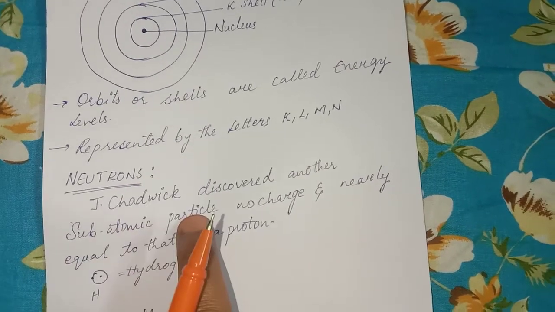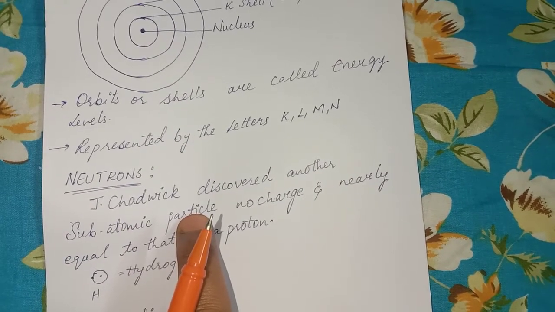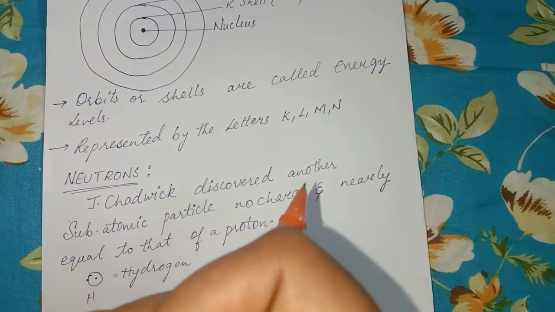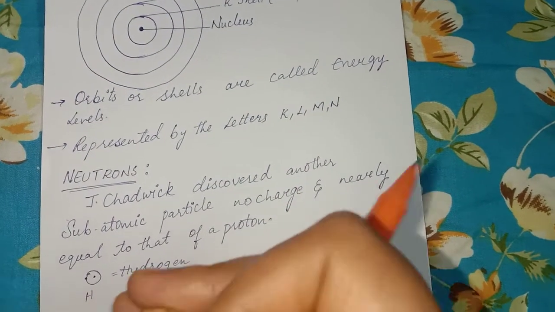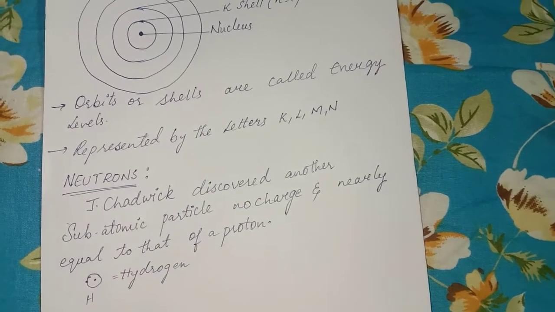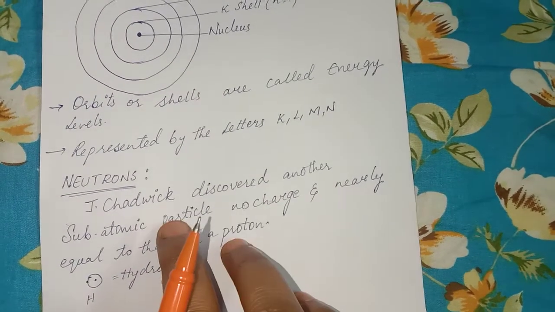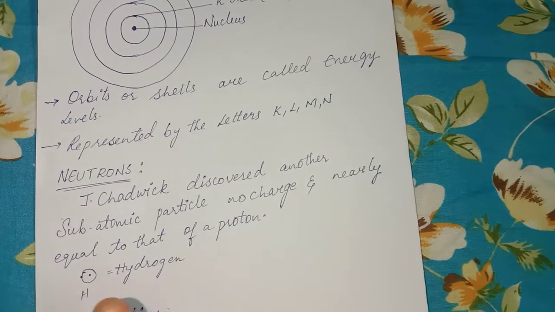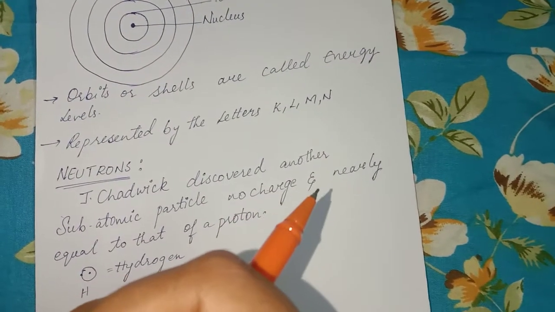In 1932, James Chadwick discovered another subatomic particle, which had no charge and a mass nearly equal to that of a proton.